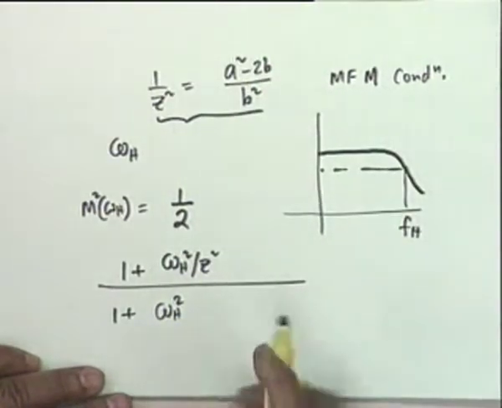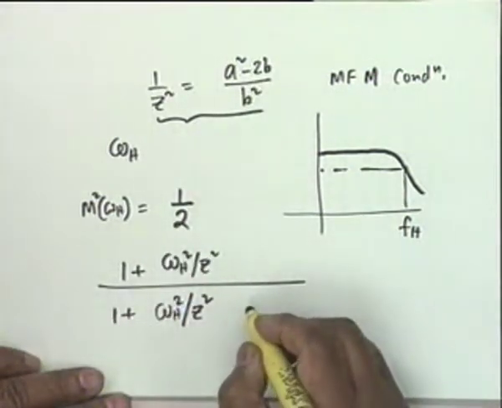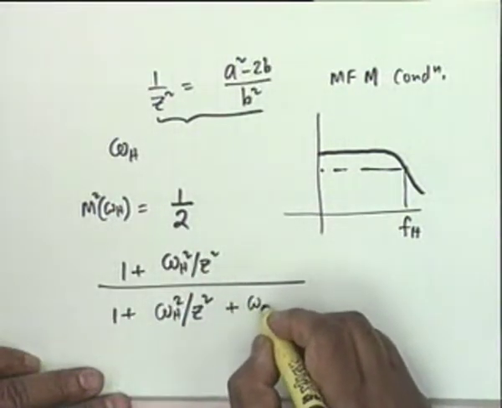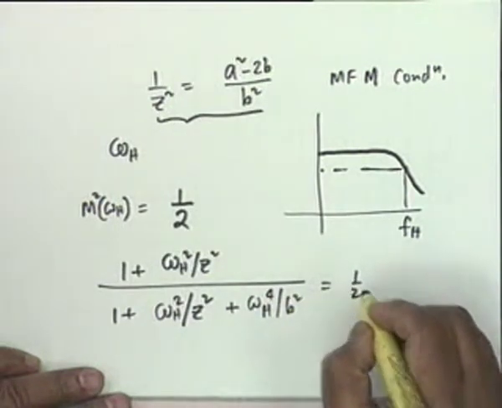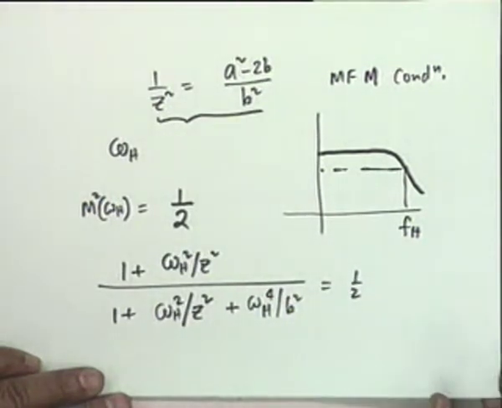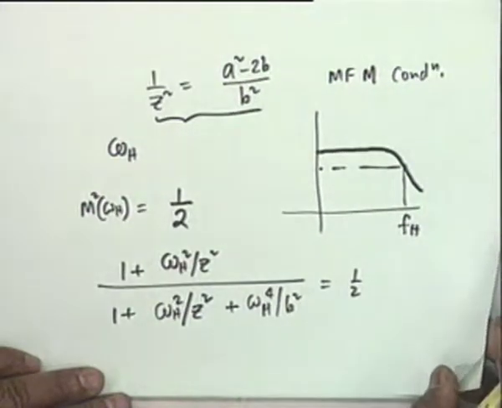No, that is not needed. I can write omega h squared by z squared, that simplifies calculations, plus omega h to the power 4th divided by b squared. This should be equal to half, and obviously this will give you a 4th order equation to be solved, but fortunately this is a quadratic in omega h squared, and therefore you can solve for omega h, and the final result is the following.